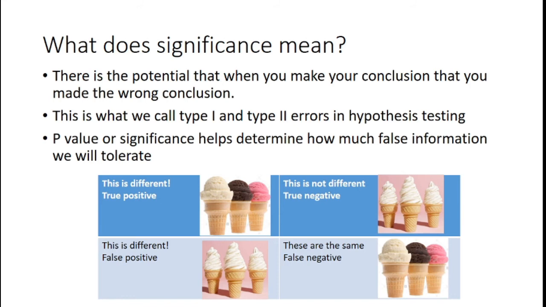We've got obvious differences here. Whereas over here, the ice cream cones are the same. This is a true negative when we conclude this is not different. But if we were to somehow conclude that these ice cream cones were different, or these ice cream cones were the same, that's where we've got type 1 and type 2 error going on.